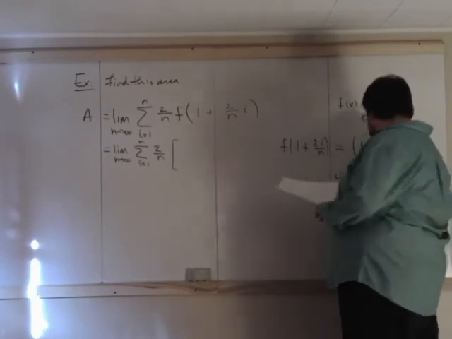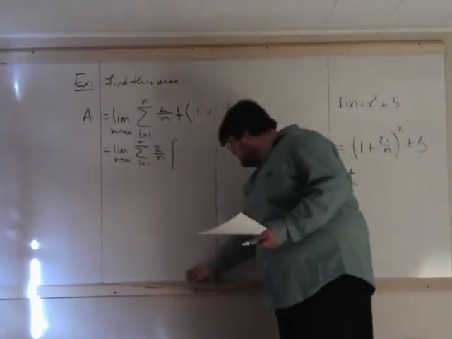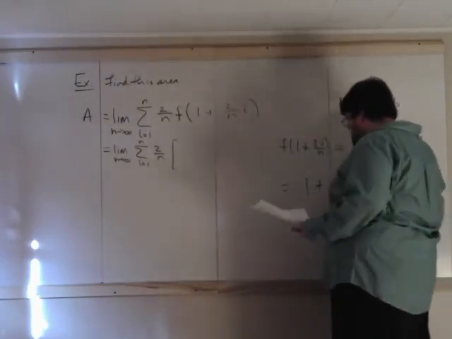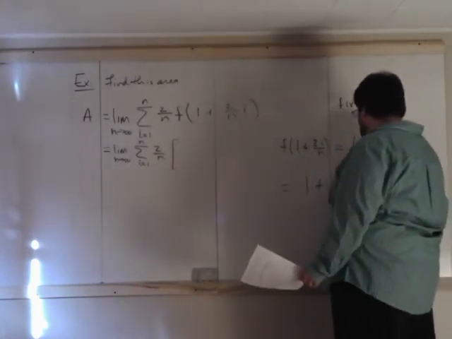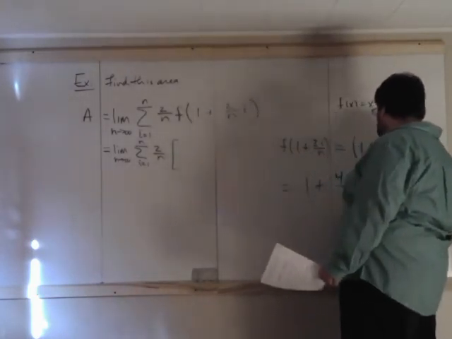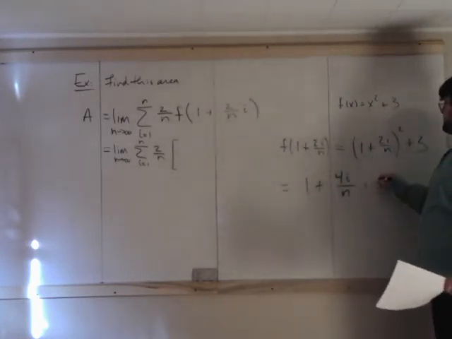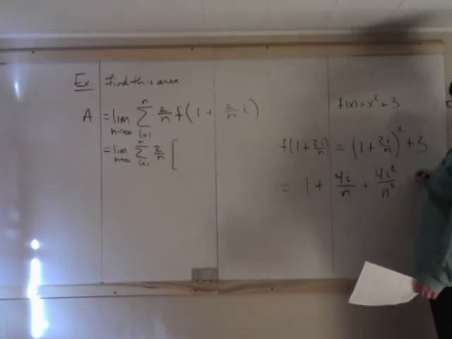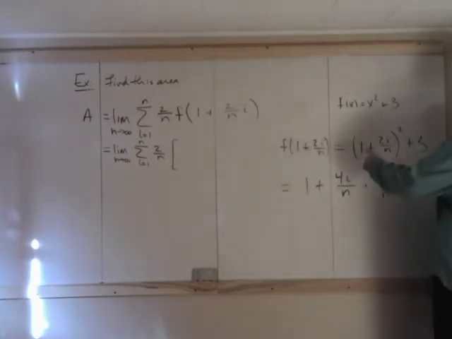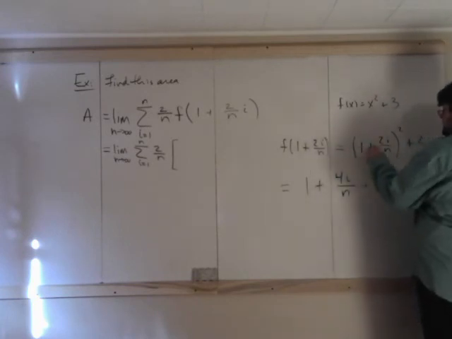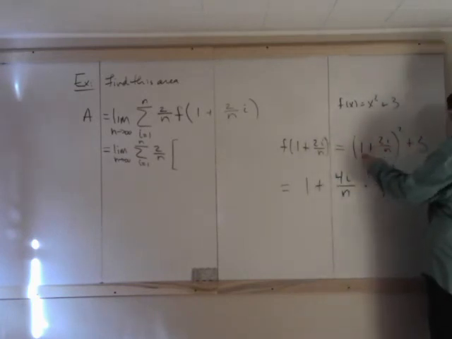I'll follow the order that is normally done. So we have 1 plus 4i over n plus 4i squared over n squared, and then plus 3. This right here is that square expanded. This is this thing squared, plus 2 times this times that.